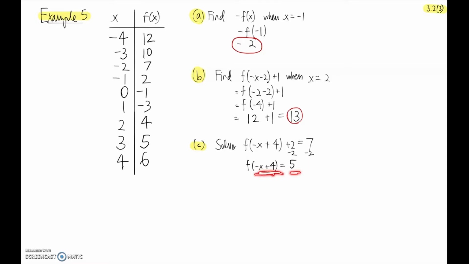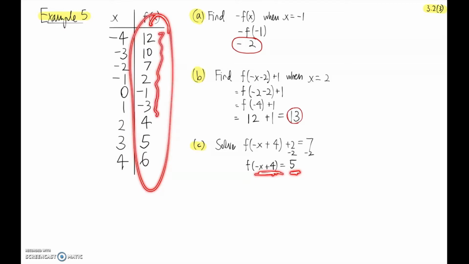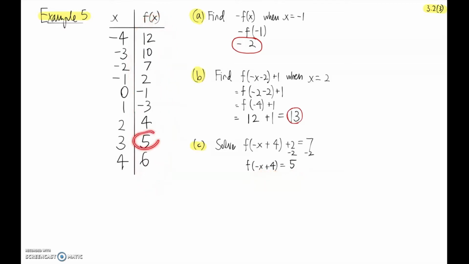Well, what input gives me 5 as an output? Do I ever get 5 as an output? Yeah, I do right here. There was an input, 3, that gives me 5 as an output. So in other words, I know that f of 3 equals 5.